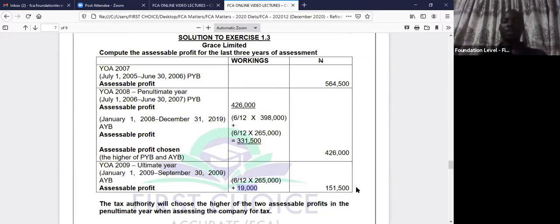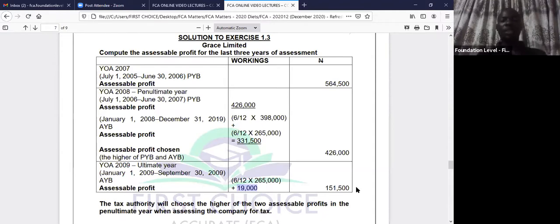cessation of business. So once again, cessation of business, we identify the ultimate year. That means the year before the ultimate year is the penultimate year. The penultimate year is treated in 2 ways. First is the preceding year basis. Then it will be treated again based on actual year basis.